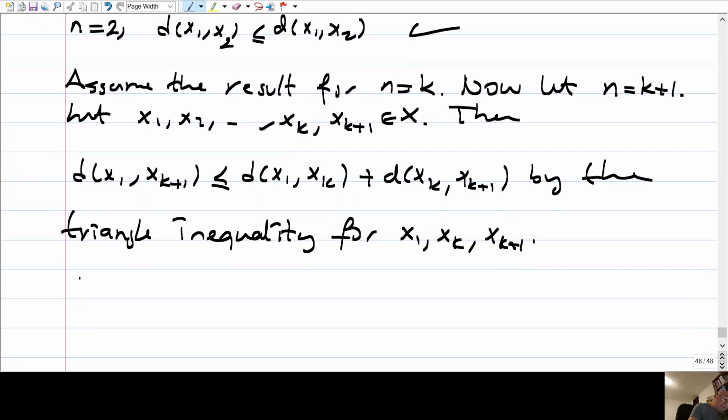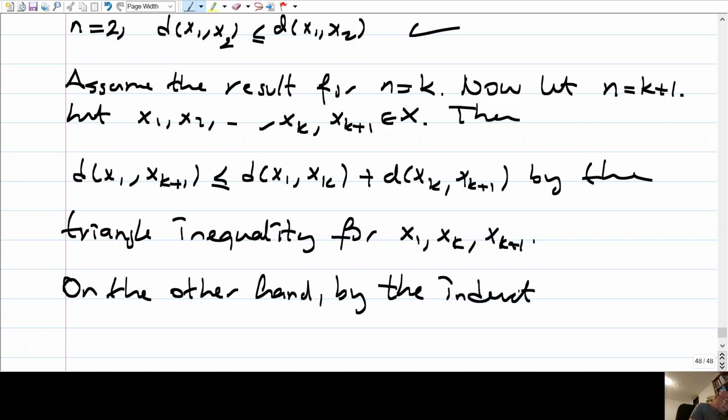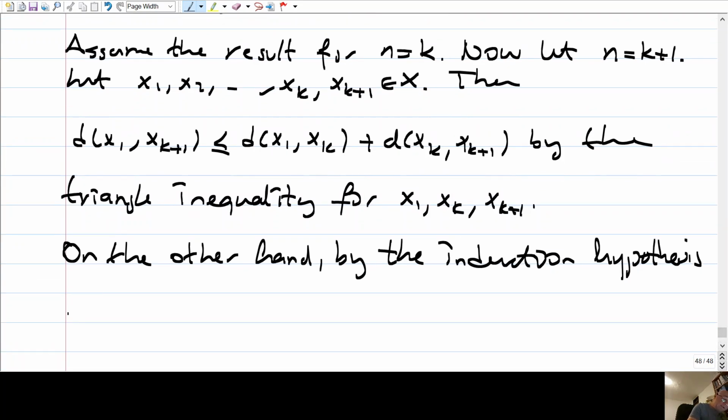However, by the induction assumption, on the other hand, by the induction hypothesis, we have what? We assume the result for n equals k.